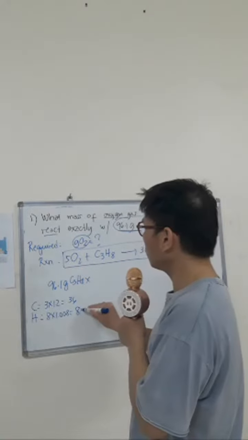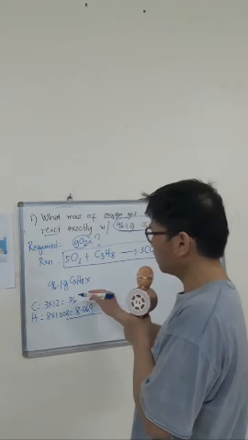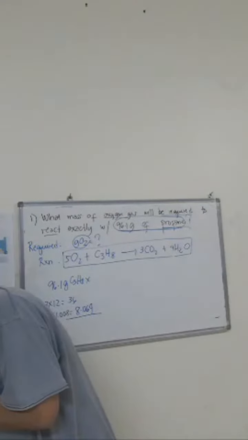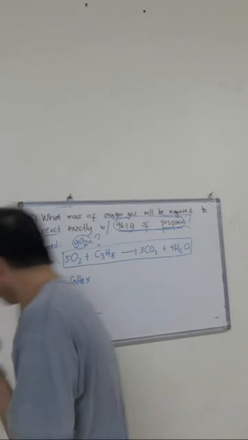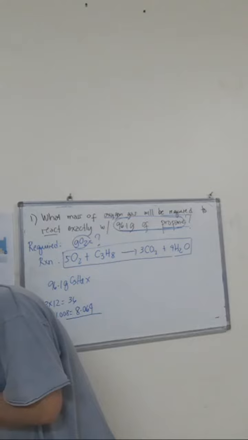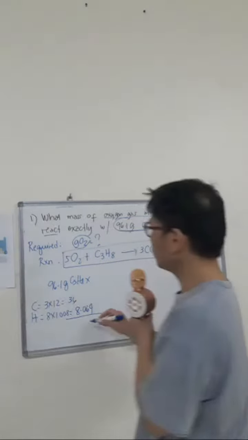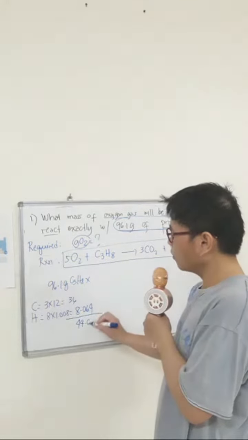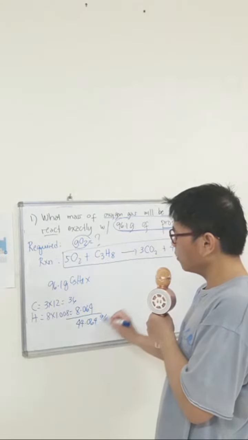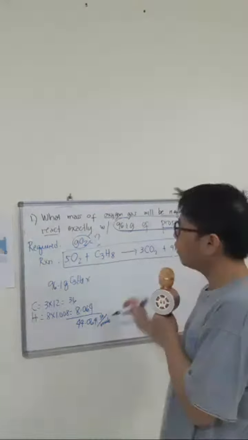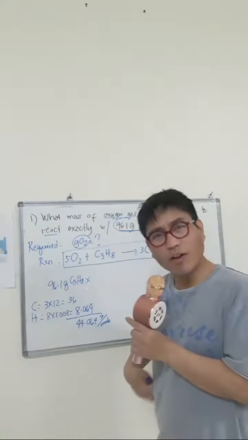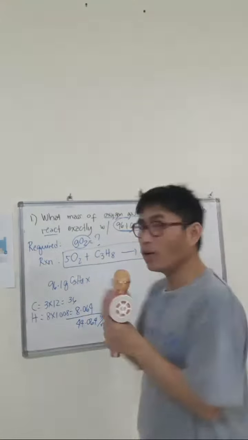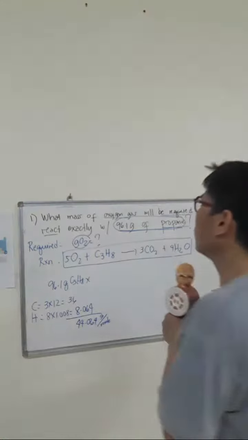So 8.064 plus 36 is equal to 44.064 grams per mole, which is the molar mass or the molecular weight of propane. More or less the same as carbon dioxide, right? Carbon dioxide is also more or less 44. But never mind, we're concentrating on the propane.